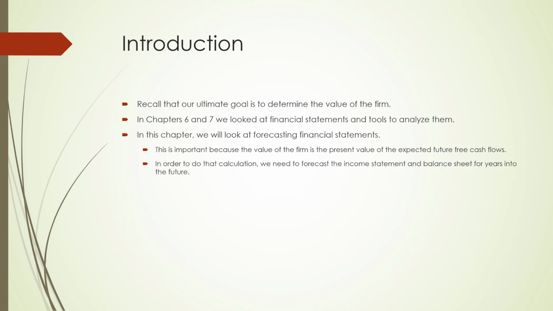So you'll recall that free cash flow is NOPAT minus the change in total operating capital. So we can calculate NOPAT from a forecasted income statement, and the operating capital can be calculated from a forecasted balance sheet. So we need both of these. Once we have our free cash flow estimates for the future, we can use those to find the value of the firm, and we'll see how to do that as we go through the chapter.